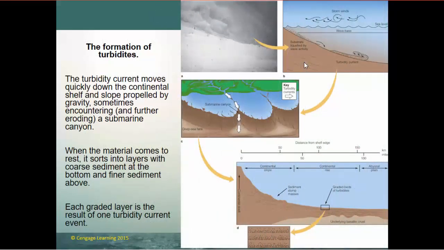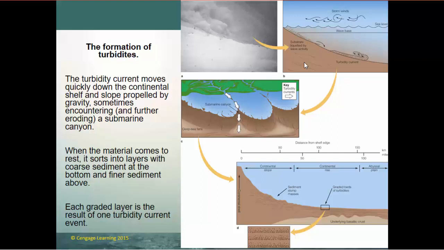So we talked about turbidity currents, and again, the turbidity currents move quickly down the continental shelf, propelled by gravity, because the water is more dense, because it contains a lot of different sediments in it. And when the material comes to rest, it tends to sort itself into layers, with the coarser sediment falling out first. So the coarser sediment is going to be at the bottom and the finer sediment's on top.